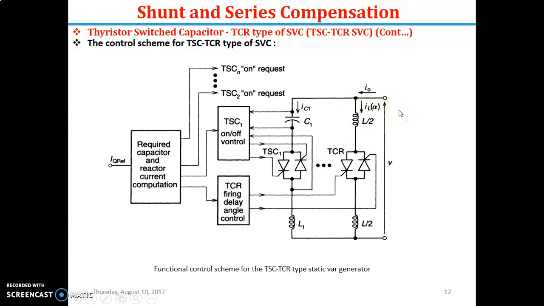So for our example of 8 MVAR, if we require 5.3 MVAR, it will come up to the number n, so that it will be 6.